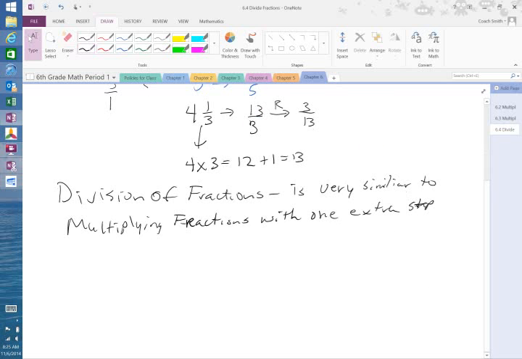Okay, so for example, if I have this problem, 5/6 divided by 7/3.